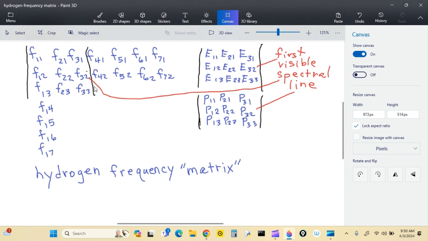Now let's break this down to a little bit more manageable matrix. Here I've chopped up the matrix just enough so that we can get the first visible spectrum, the spectrum that shows up between energy level 3 and energy level 2. So rather than just put the frequencies, though, we can also derive the frequencies from the relationships that we've already presented, E equals hf. We can also come up with the energy level differences that occur.